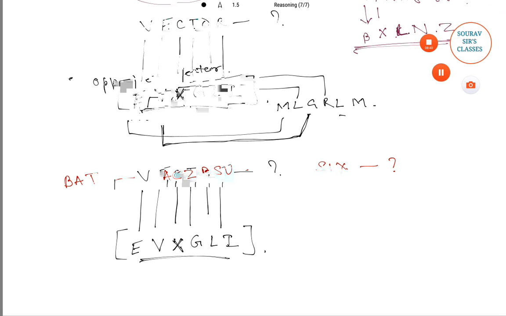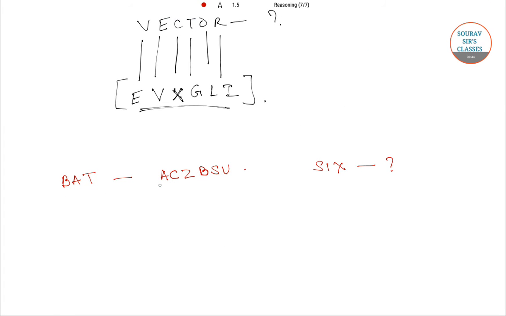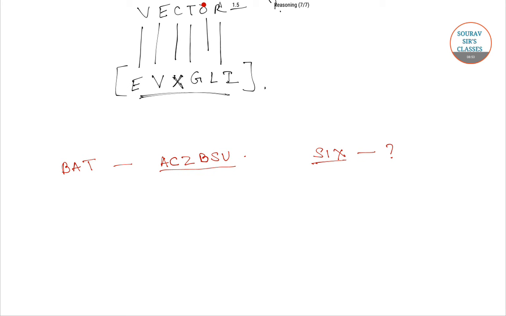Now suppose we have the following question where BAT is coded as ACZBSU and we have to find how SIX will be coded as. Here we can see that the word has 3 letters while its code has 6 letters. So dividing them in pairs, we can see that B is replaced by AC.